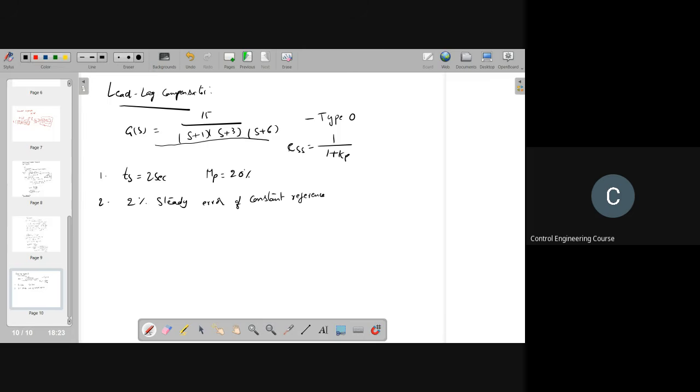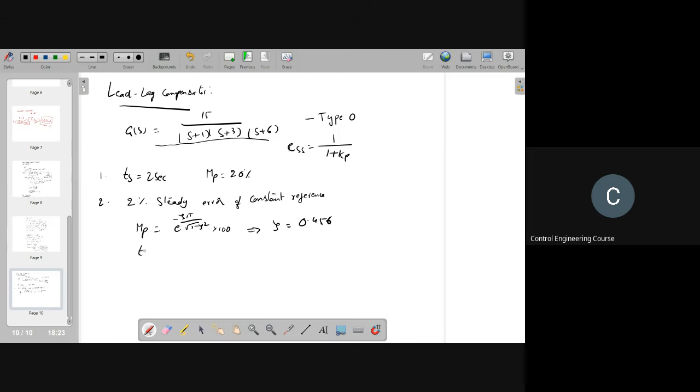Now the first step is to calculate the desired pole SD. From the Mp formula, e to the power of minus zeta pi by square root of 1 minus zeta square, into 100, if you substitute Mp 0.2, you will get zeta equal to 0.456.